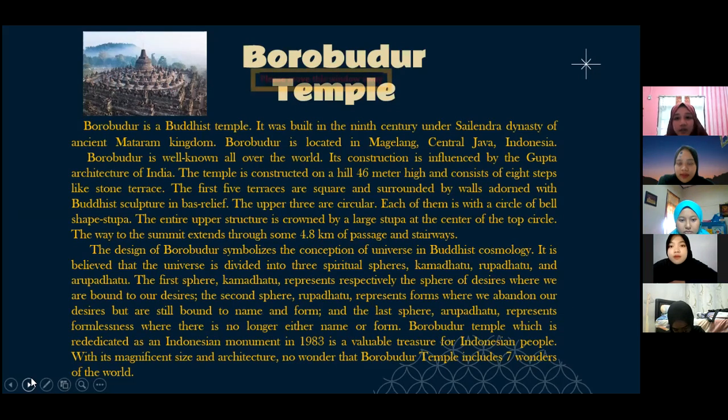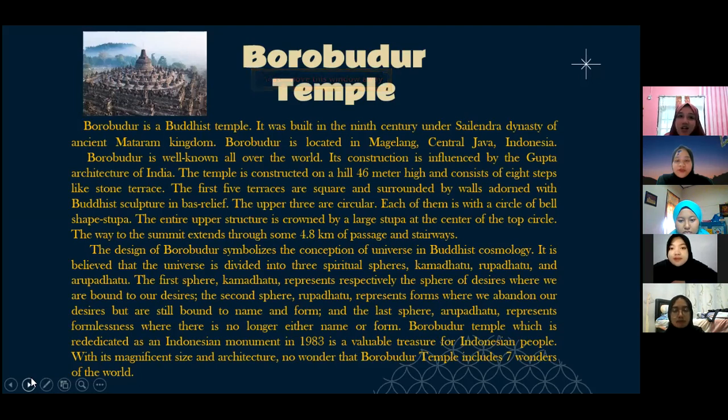Each of them is with a circle of bell-shaped stupa. The entire upper structure is crowned by a large stupa at the center of the top circle. The way to the summit extends through some 4.8 kilometers of passage and stairways.